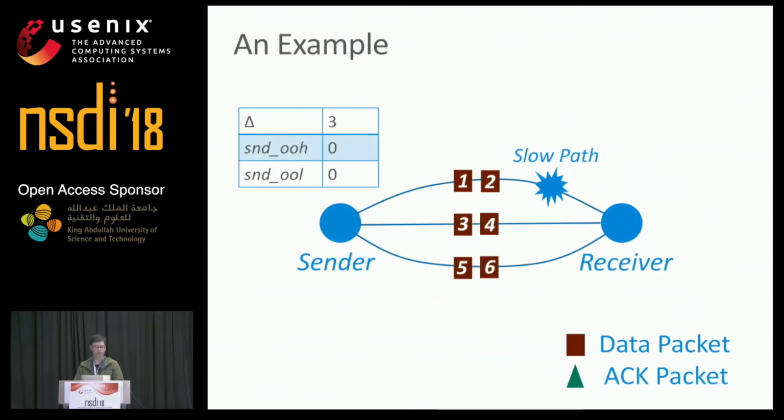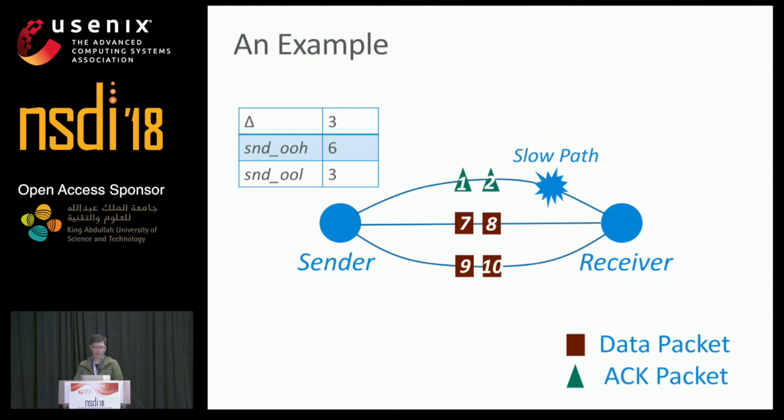So let's look at an example. We set the delta to 3 in this example, and first there are 6 packets in the network. However, let's assume that the first path is a slow path, and as the fast path ACKs return, the send OOH and the send OOL will adjust accordingly, and since they fall in the fast path range, there will be data transmitted on those paths.